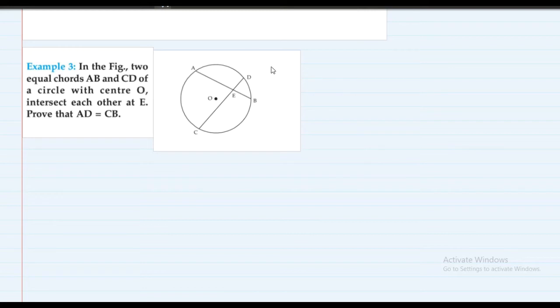So we have to do, I'll just first write the given thing. Given is AB is equal to CD.